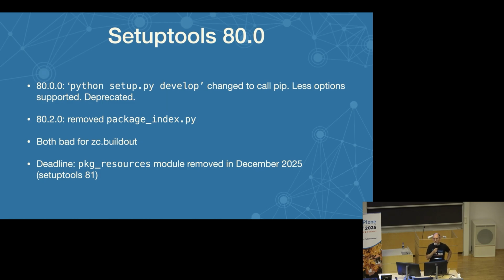But 80.9 has set a deadline, saying the pkg_resources module will be removed at the end of this year, most likely in what will be called setuptools 81. It could be 82 if another major release is needed, but most likely 81. And that's a problem if you're still using that for your namespaces.